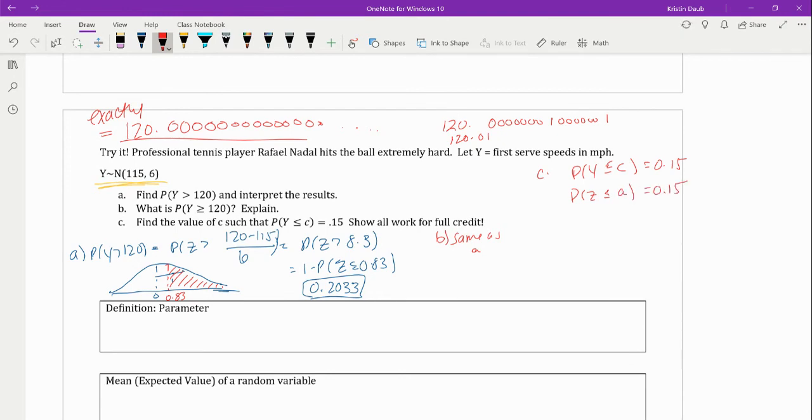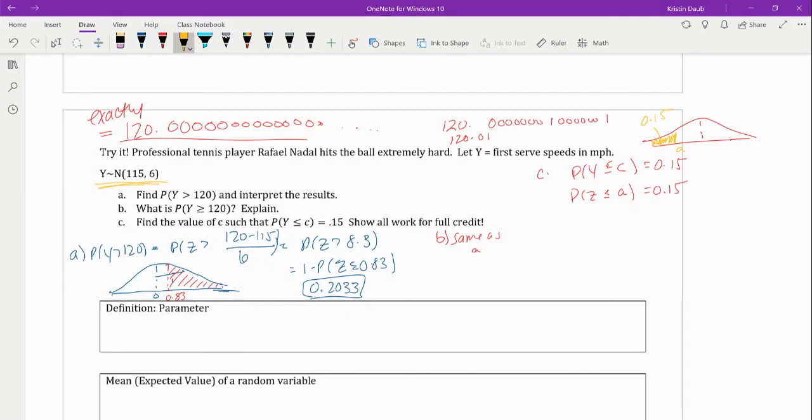What I'm doing is looking for an area of 0.15. So this is where we use our inverse norm command, still under that same distributions menu, but now you'll choose inverse norm. The area is 0.15. If I draw my little normal curve over here, we're looking for an area of 0.15.